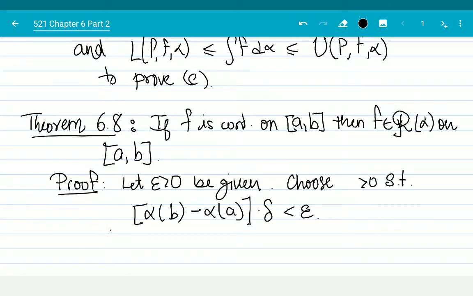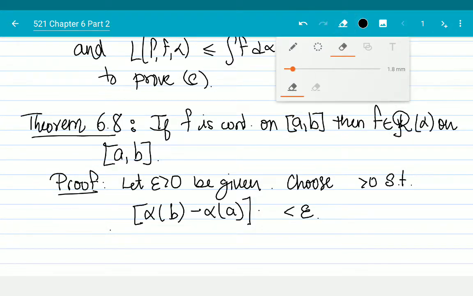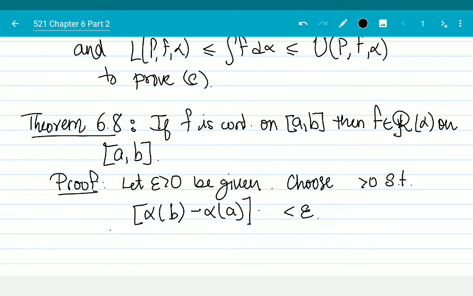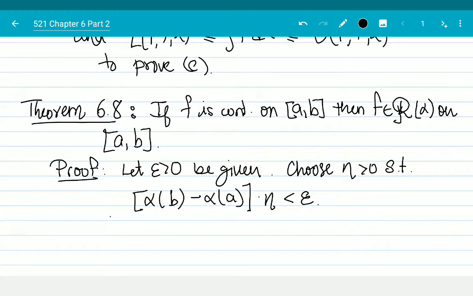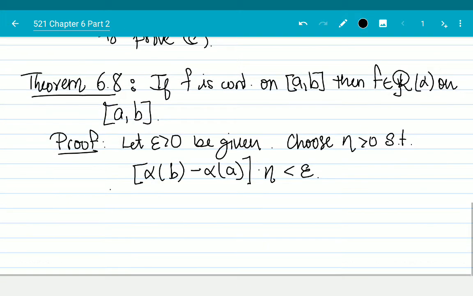Let me follow the notation of the book. What's this eta? Which one's this again? Maybe it's eta. I forget which one this is. Okay, this symbol.